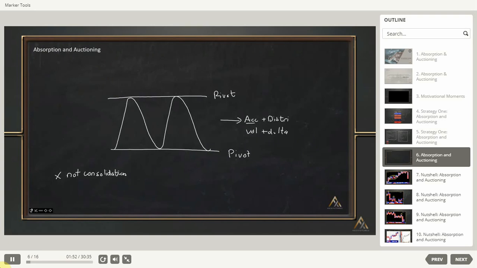Now, the key identifier of this trade strategy comes at the extreme pivots. Okay, and what you're going to tend to see is some real dark high volume areas at the extreme points of the pivot.